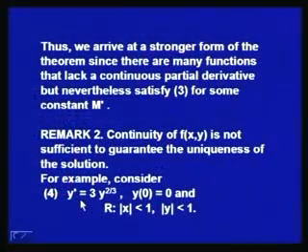Let us study remark 2. If the function f(x, y) is continuous, it is not sufficient to guarantee the uniqueness of the solution. For example, let us consider dy/dx equal to 3 times y to the power 2/3, where we are given that y at x equal to 0 is 0, and the region R is given by mod of x less than 1, mod of y less than 1.